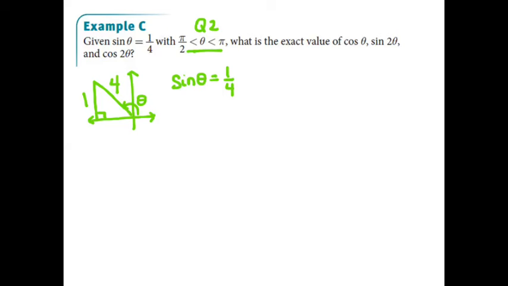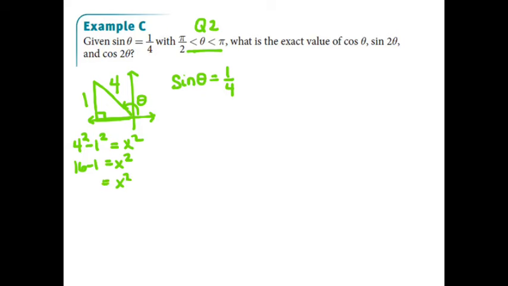So we need to solve for the x side down here, and I'm going to use the Pythagorean Theorem to do that. This is not a Pythagorean triple, so I'm going to do 4 squared minus 1 squared equals x squared. So 4 squared is 16 minus 1 is x squared.